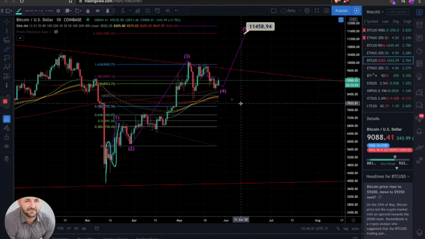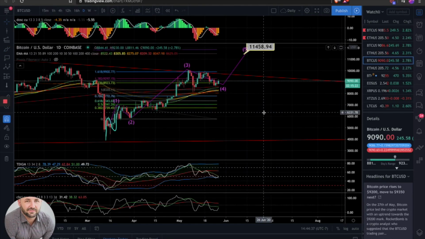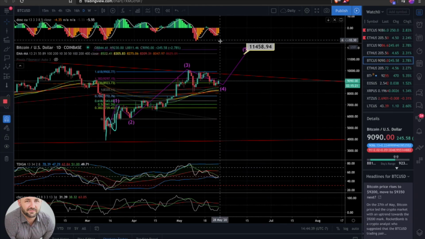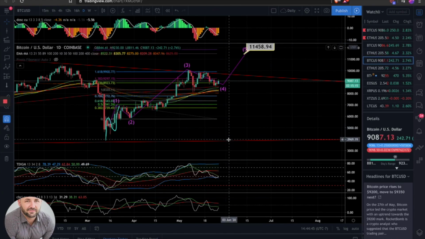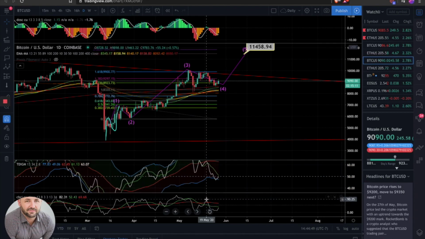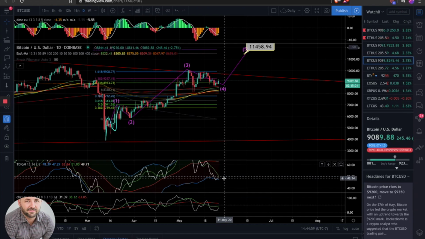If you look at some of the indicators that I pay attention to, it's also going to be in the masterclass. We have the derivative oscillator. Looks like we're losing a little bit of the downward momentum, starting to tick up a little bit. And on the RSI, we did kind of break that volume band, so it'll be interesting to see what happens once we meet this EMA, the fast-moving EMA right here.